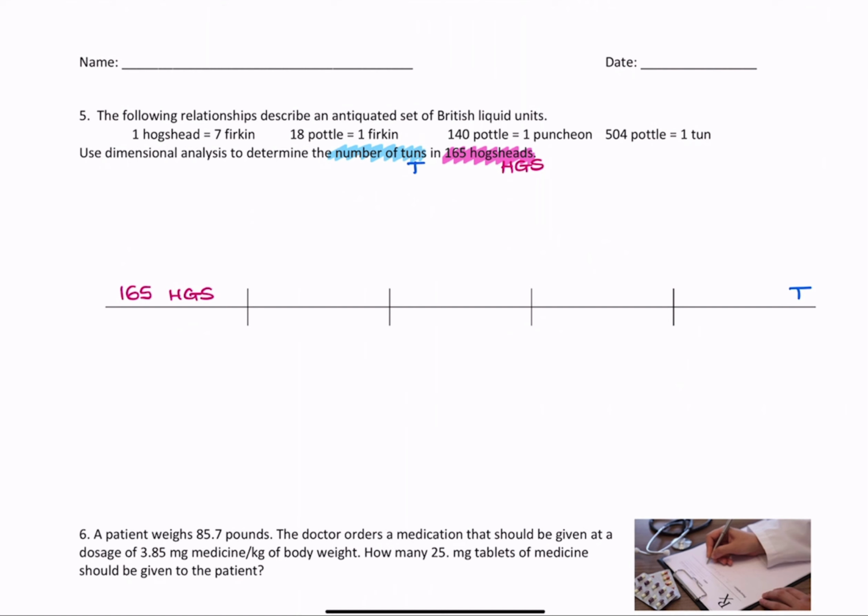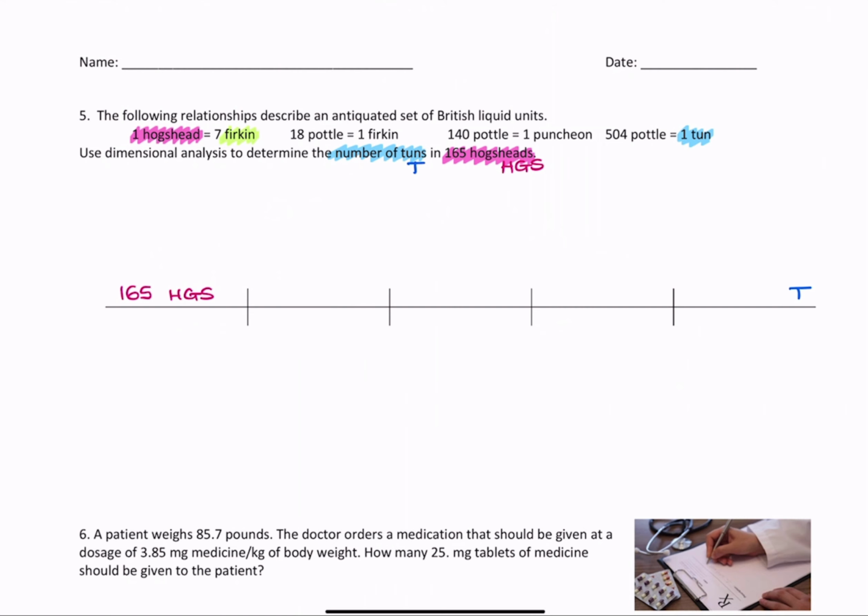Okay. If you look at the relationships that are given to you, there's no direct path. I see that the hogshead unit is right here, and I see the ton unit at the end. So you're going to have to come up with a path. Well, the only relationship that you have where hogshead is involved consists of hogshead to firkin.